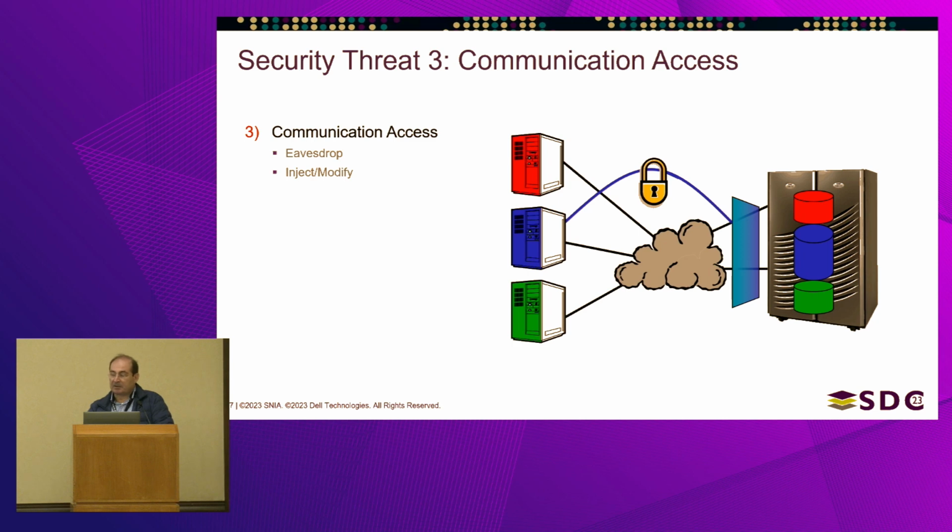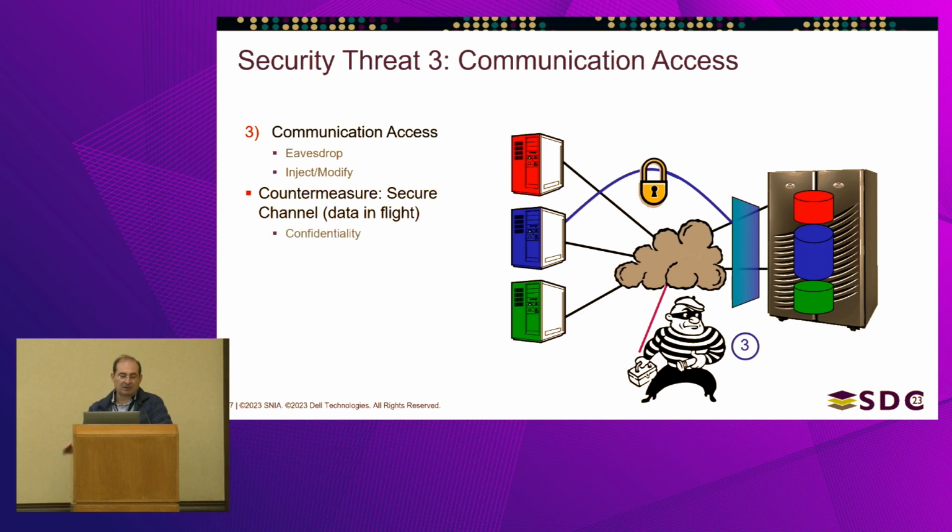And the third security threat is communication access. In this SAN, there could be this interesting character that can have access to the communication, to the packets that are being exchanged between a host and a storage device, potentially seeing what is exchanged or changing the content of the traffic. In order to protect this, the countermeasure is a secure channel for data in flight that will provide confidentiality and cryptographic integrity.